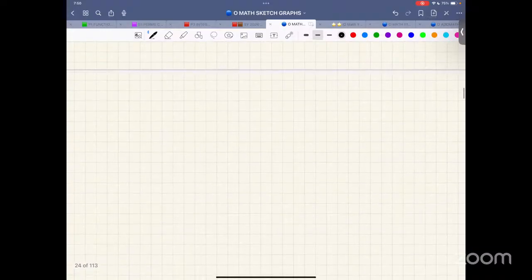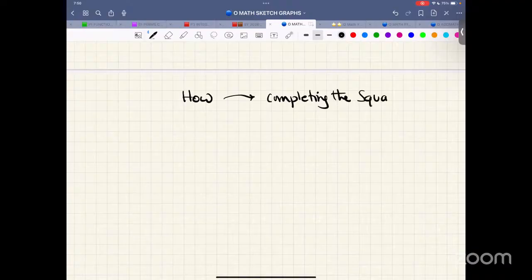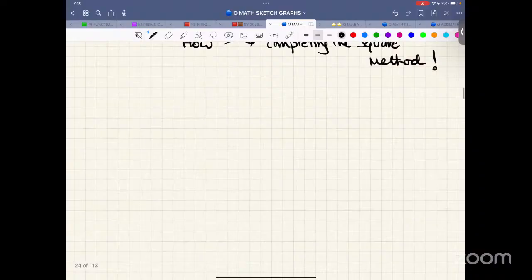Now, how to do the completing square method? That is important. The how to do completing the square method. Now, there is a background story of this, but I think near the exam, it's not worth it going over that story. So let me tell you the very, very shortcut.